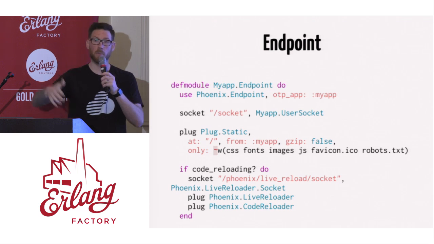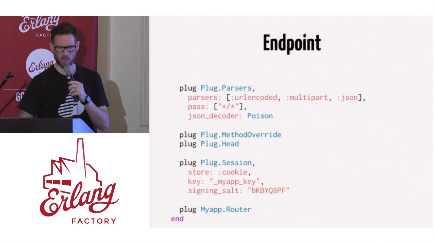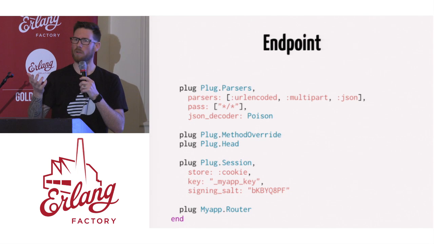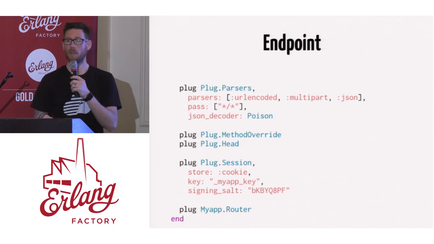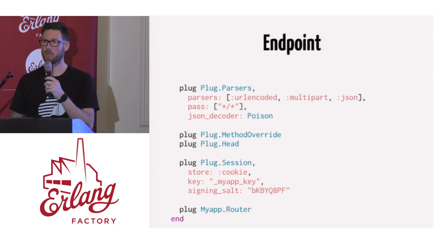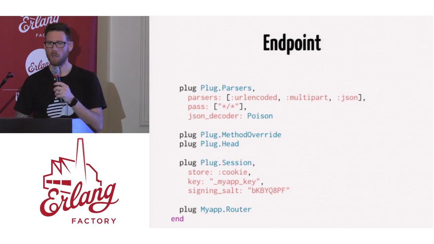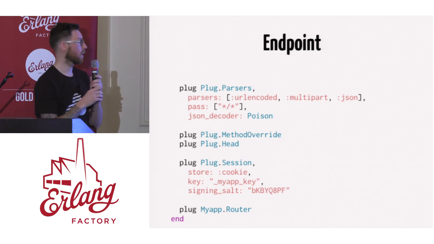It'll automatically recompile your code and make those changes for you. And we also have Plug.Parsers, which is used for parsing the different pieces of the request. So if you have some query string parameters, it'll parse the query string, it'll parse multi-part forms, and there's also a JSON parser, which will parse the JSON body.